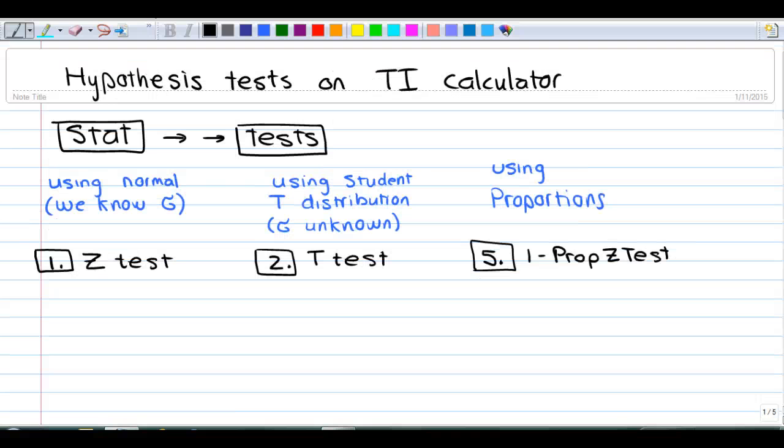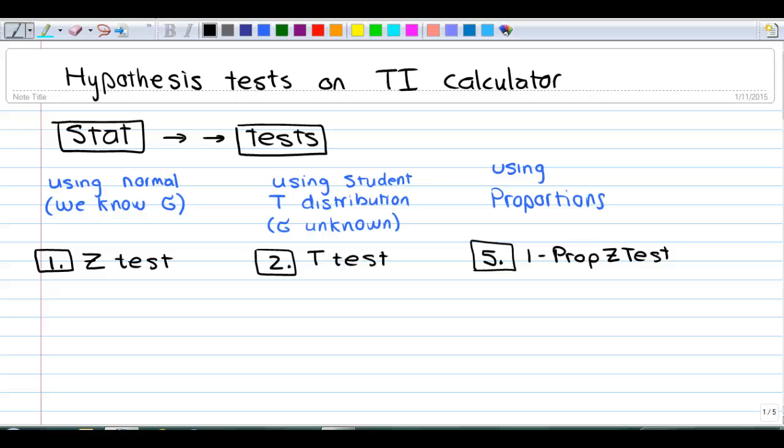Welcome to Hypothesis Tests on the TI Calculator. We should be pretty familiar with that Stat button, and arrowing over to Tests should be no problem for us. When you get there, there are 3 hypothesis tests that we're going to run in this class. The least frequent will be the Z-test.